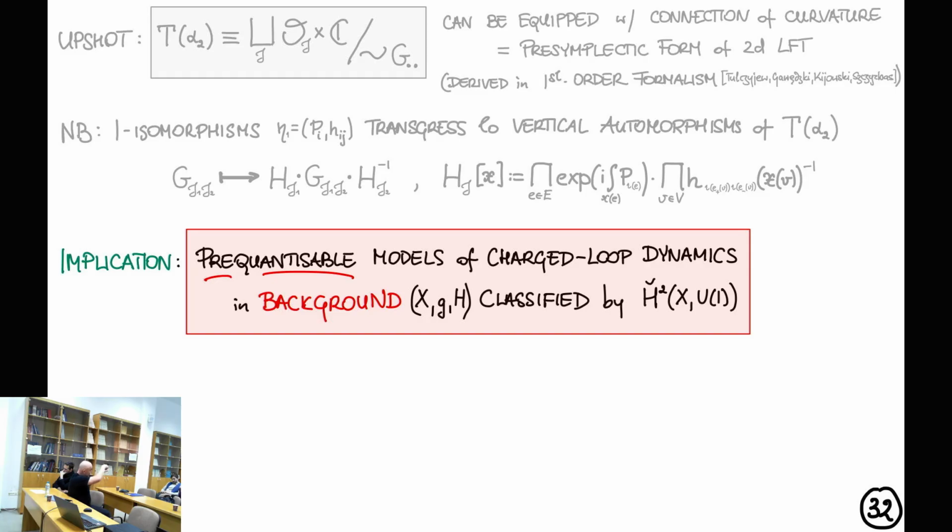There may be obstructions in the form of those flat bundles. So there may be anomalies. So lifting the symmetries ensures that we have the first quantum mechanical sanity check. And then in those hypercohomological terms, you can also classify your models.